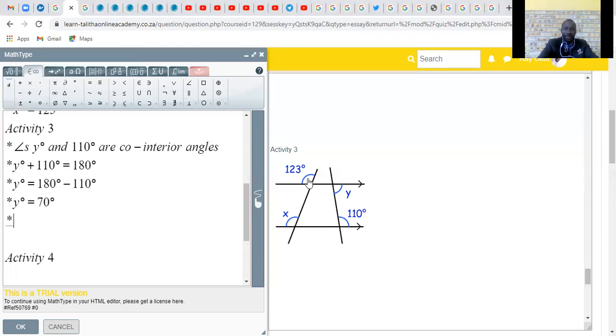We can say angles x and 123 degrees are corresponding angles.